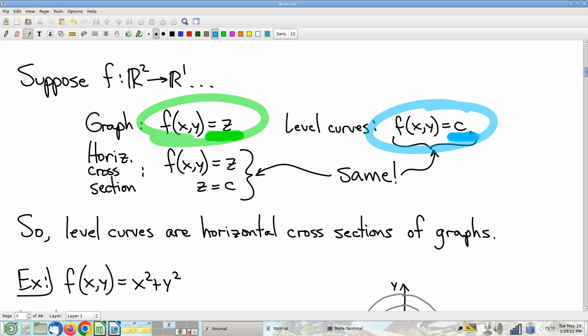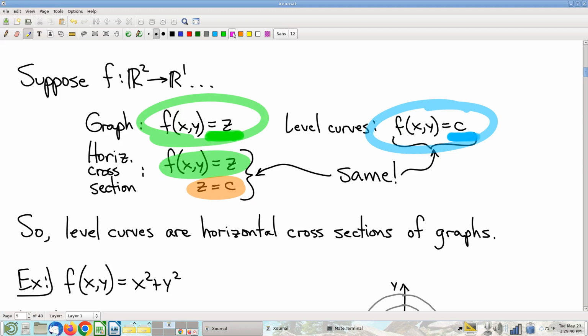But what you notice is that if you've got the graph already made, and then you say, okay, I'm going to take a horizontal cross-section of that graph, if you think about it, z equals a constant means you're going to set height, z, equal to a constant. That means you're taking a slice horizontally, otherwise known as a cross-section.